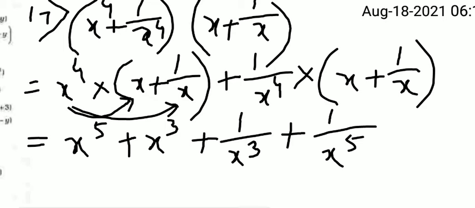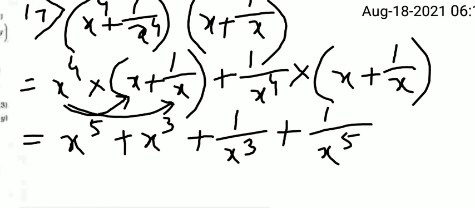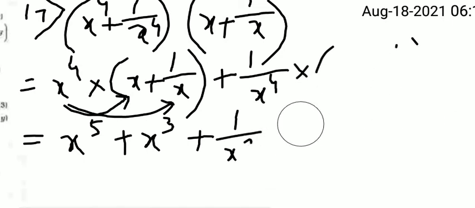Then x into 1 by x to the power 4 gives 1 by x cube, and plus, plus is plus, the last one will be 1 by x to the power 5. In this way you have to solve. Okay, hope everybody has understood the process.